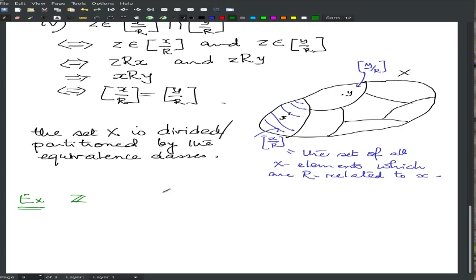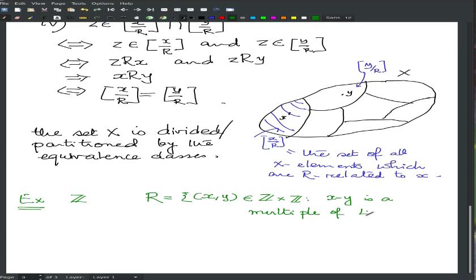Now I am saying, what is my equivalence relation? x is related to y such that x minus y is a multiple of 4. Okay?